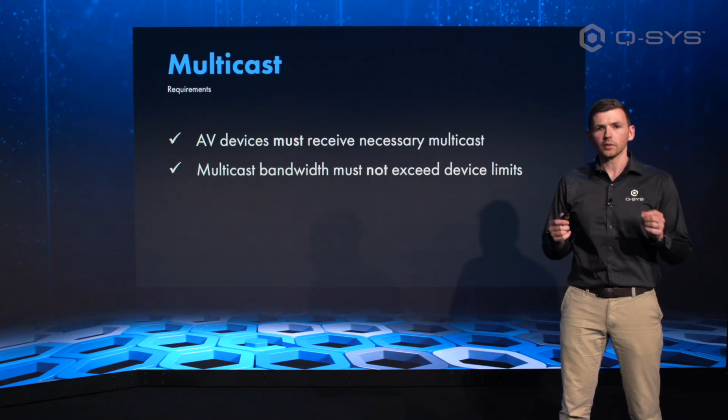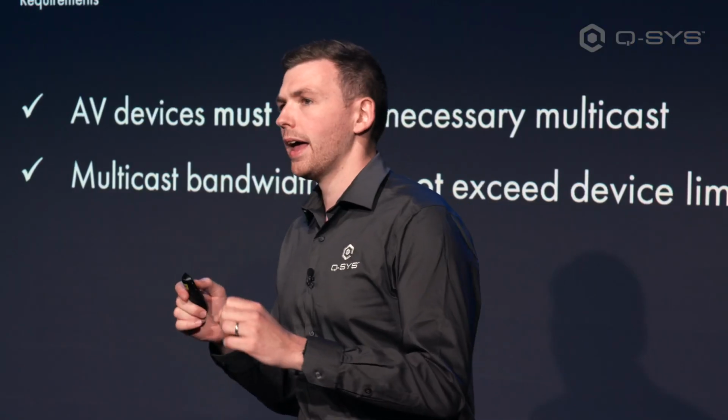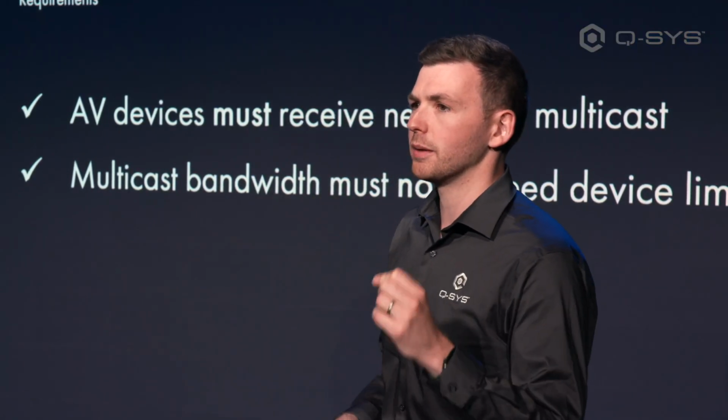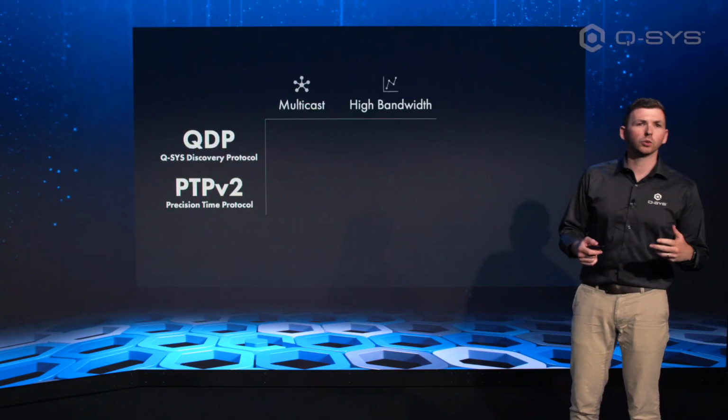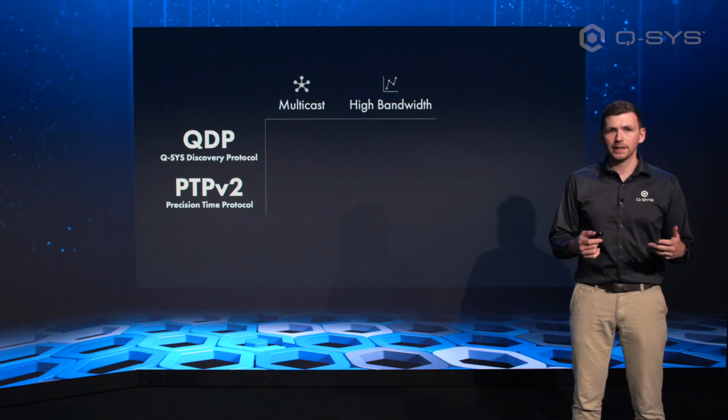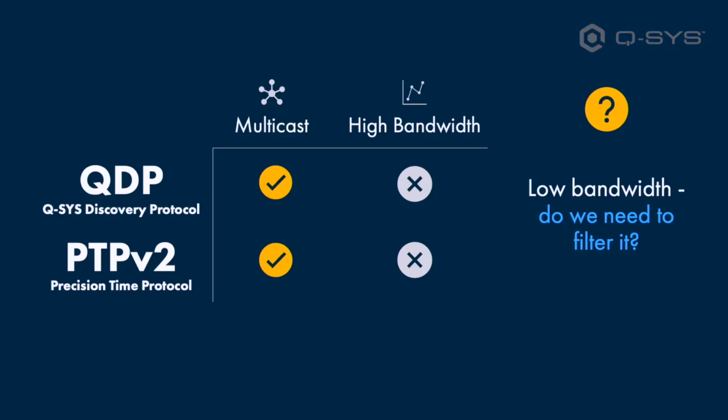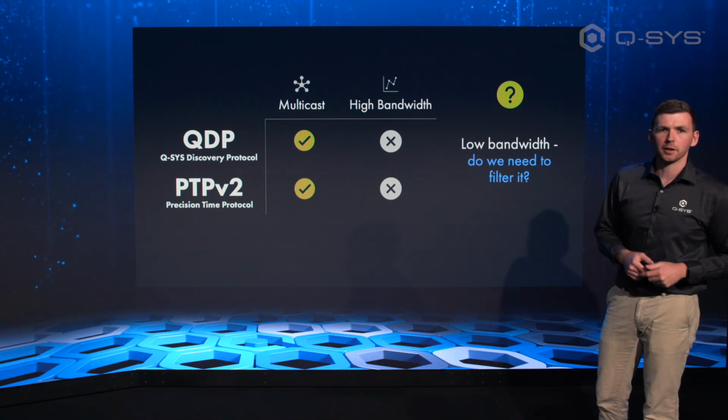All right. So we're going to now compare our different protocols in terms of their multicast requirements, but also their bandwidth. Because protocols like QDP and like PTP are multicast, but the good news is they're not particularly high bandwidth. That's quite important because some traffic is going to be high bandwidth.